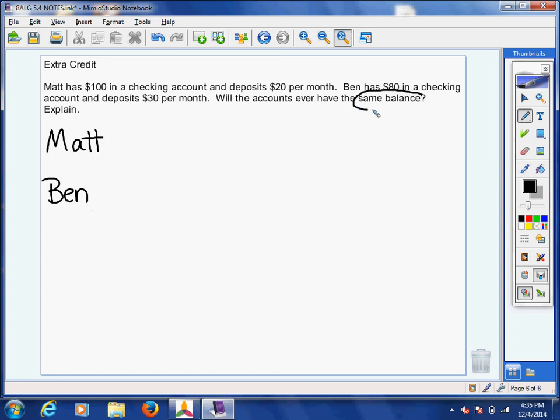What they're asking you is, will these lines ever intersect? That's what you're looking for. It's really a yes or no question. Yes or no, and why are you saying yes? Why are you saying no, depending on your answer.